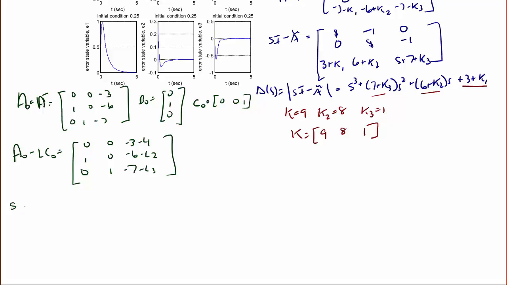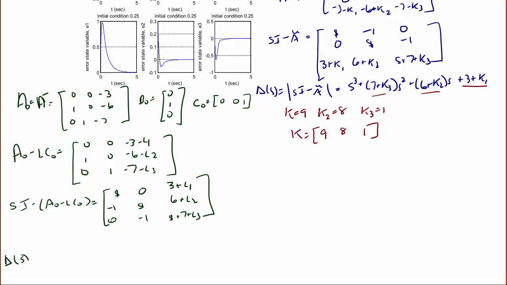So then sI minus the quantity (A naught minus L C naught) is equal to [s, 0, 3 + L1; -1, s, 6 + L2; 0, -1, s + 7 + L3].